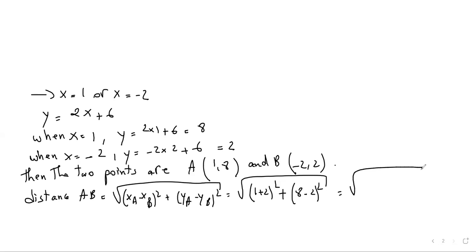So it will be 3 squared, which is 9, and 6 squared is 36. So it will be square root of 45. I can write the square root of 45 as square root of 9 times 5, so it will be 3 square root of 5 in surd form. So this is the distance, in centimeters or whatever unit.